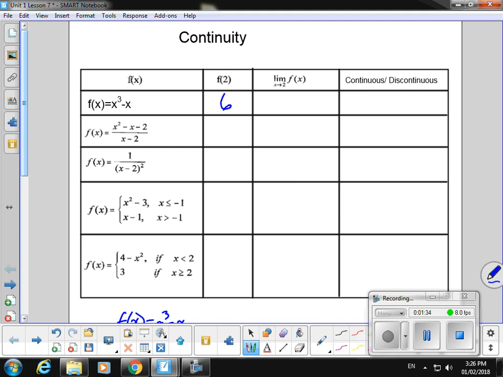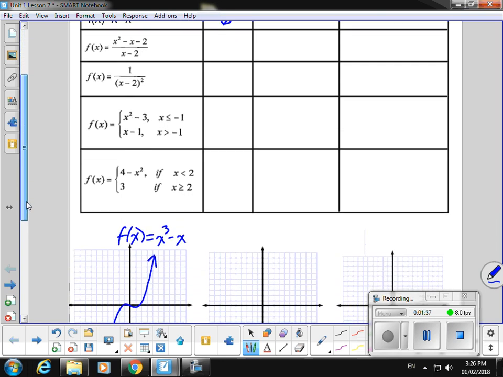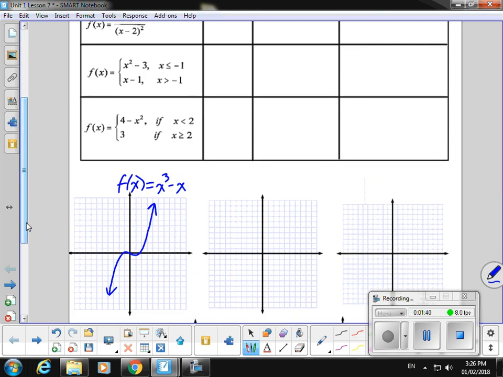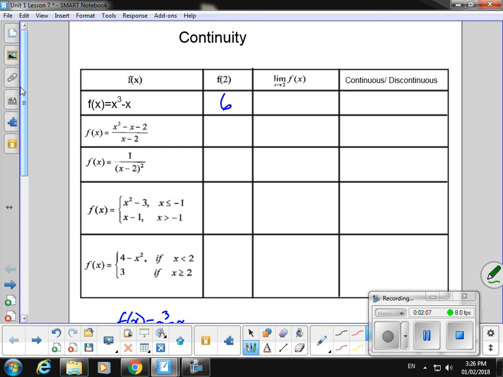The limit for my function, if you trace with your fingers as you approach the value of 2, approaching from the left and from the right is going to approach that same value of 6. This is a continuous function. There are no holes or asymptotes. The limit is the same as the value at that place.